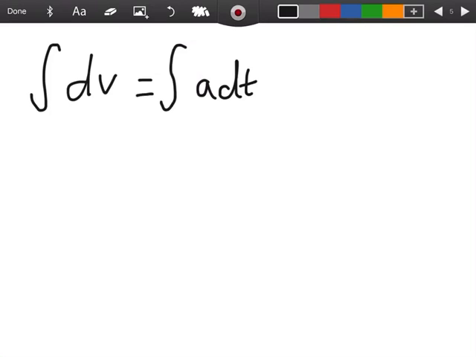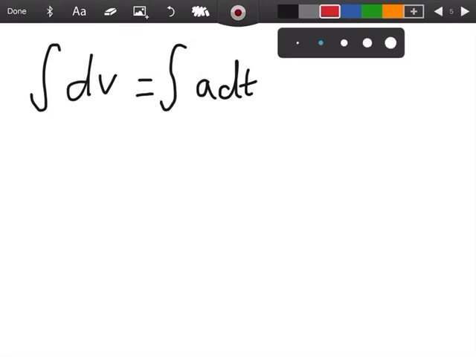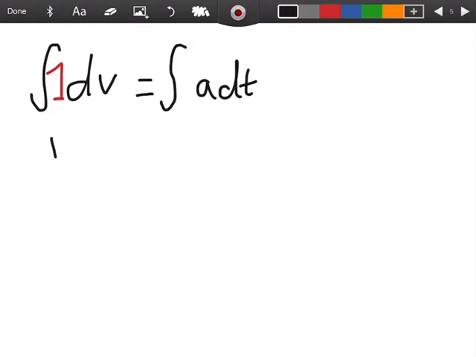That's important. So the secret one here, okay, so that just becomes v equals at plus c. Alright? So we have the constant of integration now, because there's no limits.